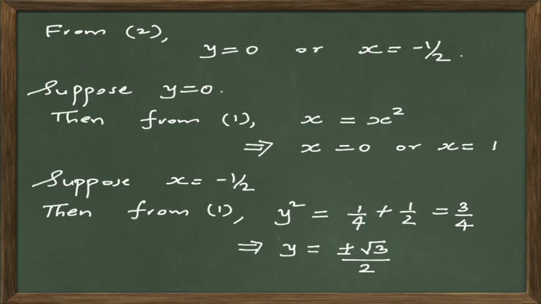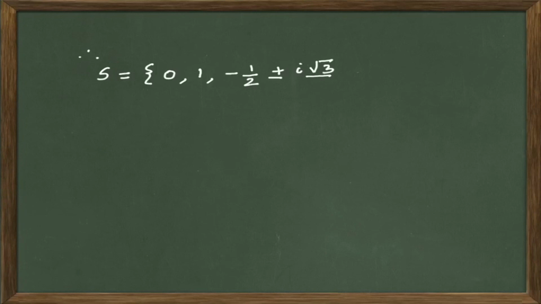Therefore, for x is equal to minus half also we get two more solutions satisfying the equation star. Therefore, the set S consists of 0, 1, which corresponds to y is equal to 0, and minus half plus or minus i times square root of 3 by 2, which corresponds to x is equal to minus half.